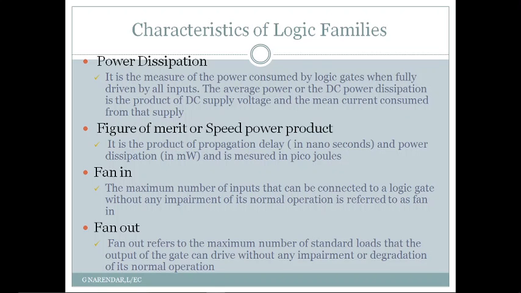So depending on the needs of the digital circuit, we have to choose a logic gate by comparing the two logic gates between all these parameters, and depending on the chosen parameter, we select a particular logic gate for the given logic circuit.